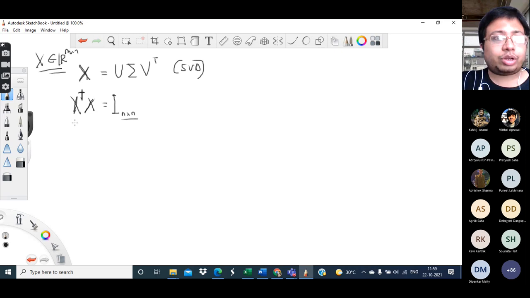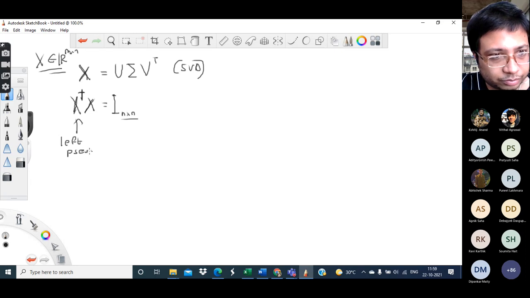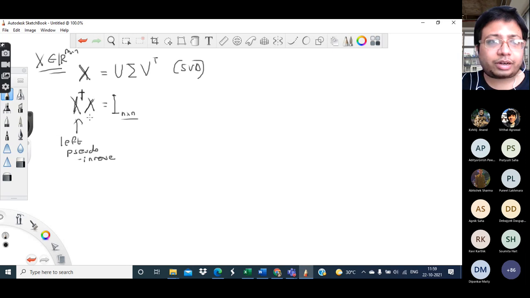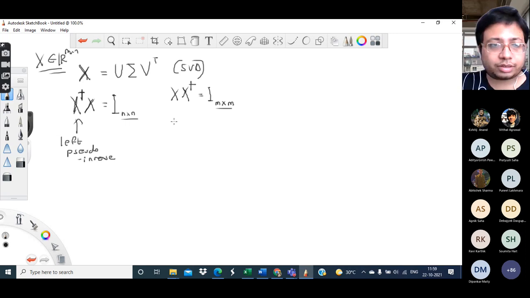Sometimes this is called the left pseudo inverse. And then there is the right pseudo inverse also: X times X dagger will be equal to I, in this case m cross m. So this is the right pseudo inverse.